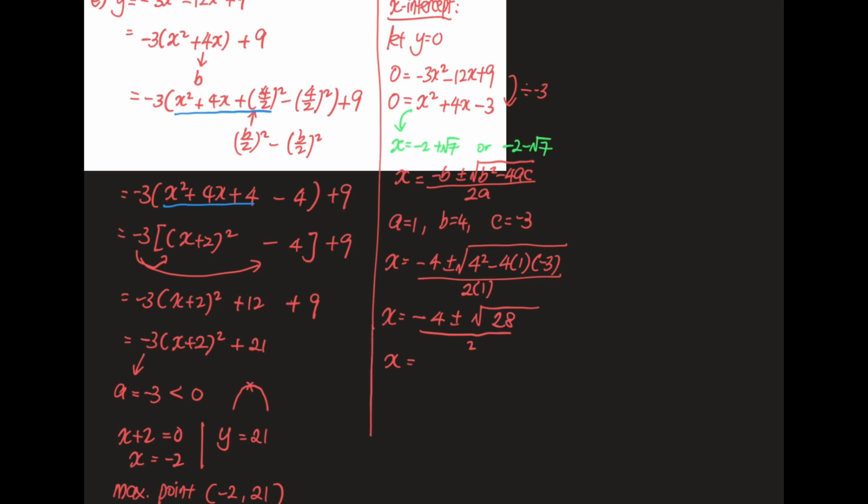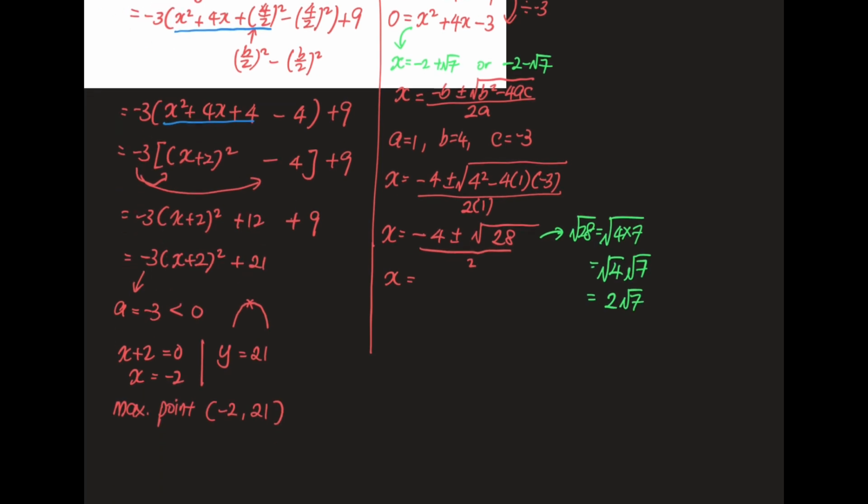Okay, then after that, we have to change the square root 28 to square root 4 times 7. So I pick 4 and 7 because 4 I can square root. It's a perfect square. So I can change the square root 4 to 2, followed by square root 7.